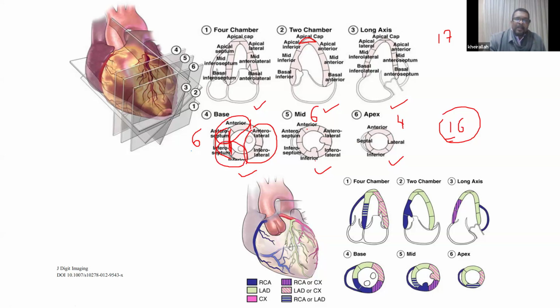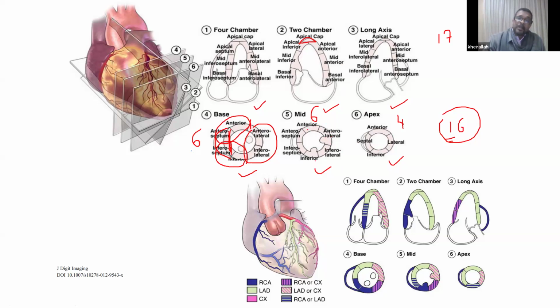Because when I analyze the motion of the heart, I'm gonna analyze it according to this model. So I'm gonna tell if the contractility is intact in all segments or there is a problem. And if there is a problem, is it global, involving all the segments equally, or is it regional? Meaning the anterior wall is hypokinetic, the lateral wall is not hypokinetic.